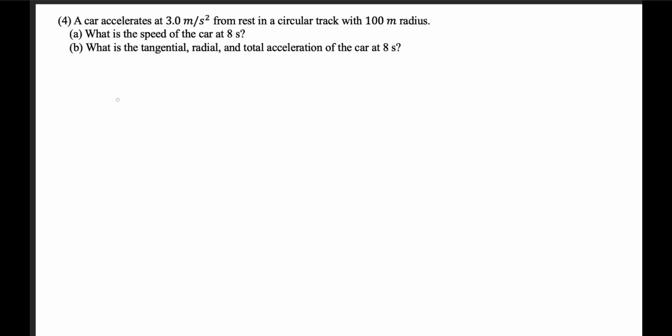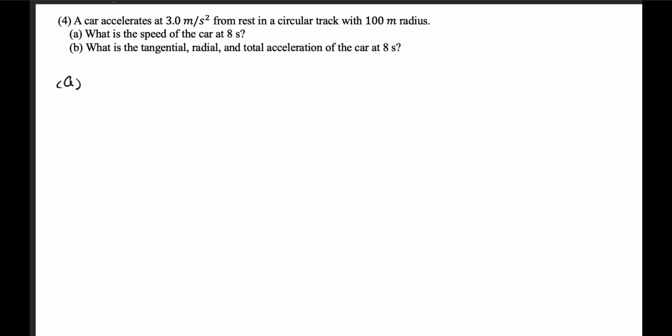Question 4. A car accelerates at 3 meters per square second from rest in a circular track with 100 meter radius. Question A. What is the speed of the car at 8 seconds?